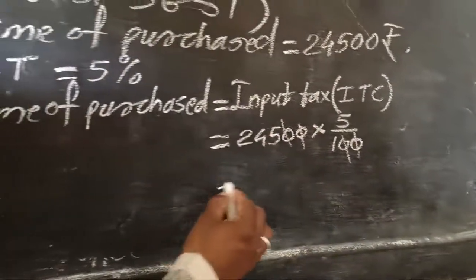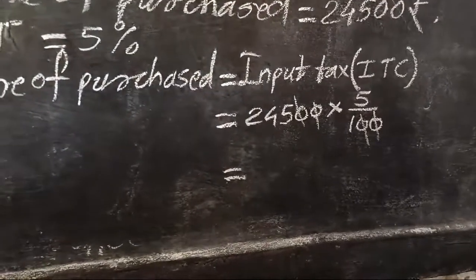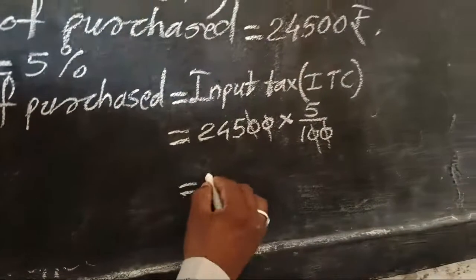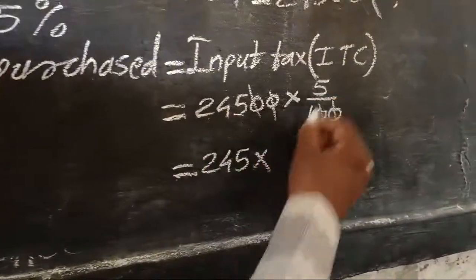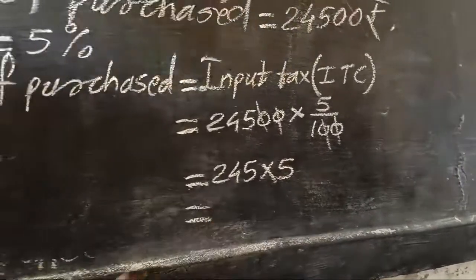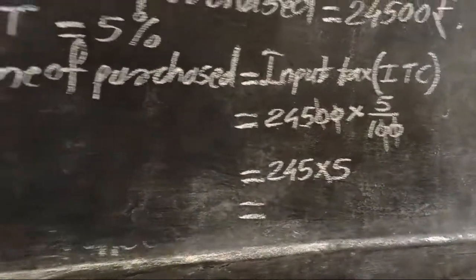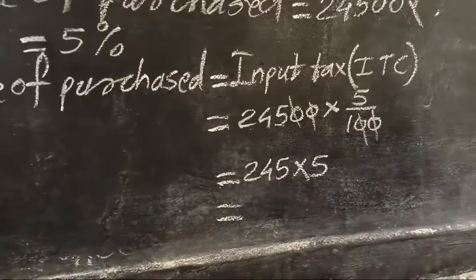Double zero gets cancelled. What is the remaining term? 245 into 5, and do multiplication. All students, multiply these numbers.